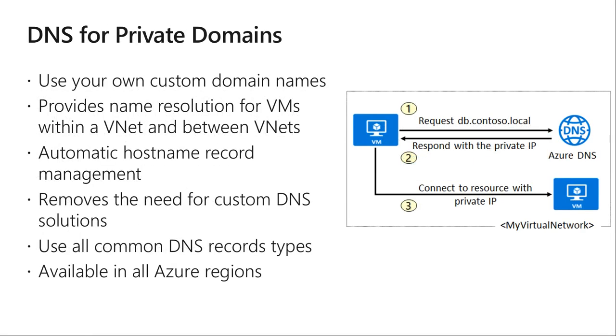So there's also DNS for private domains. If you decide to use a private DNS zone, which is your own custom domain names rather than the Azure-provided ones, using custom domains helps you tailor your virtual network architecture to best suit your organization's needs. It provides name resolution for VMs within a virtual network and between virtual networks.